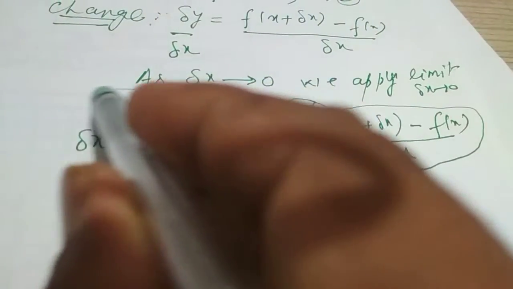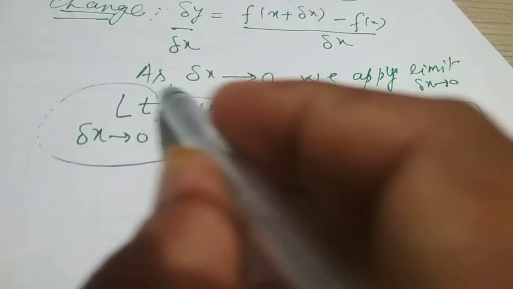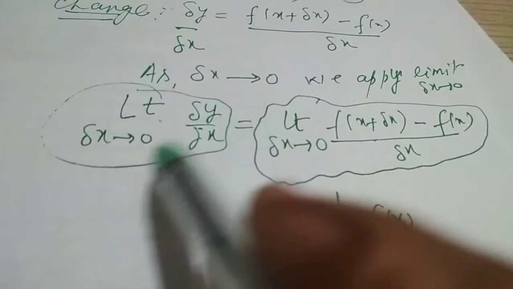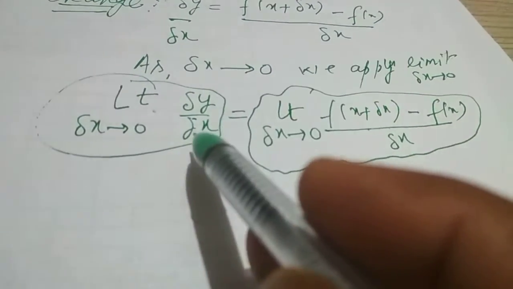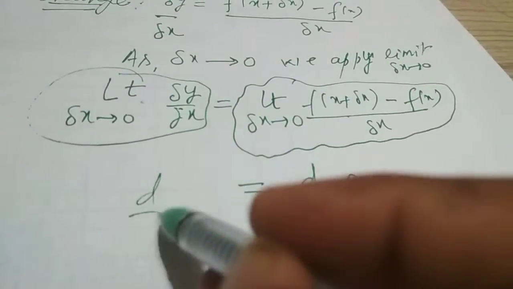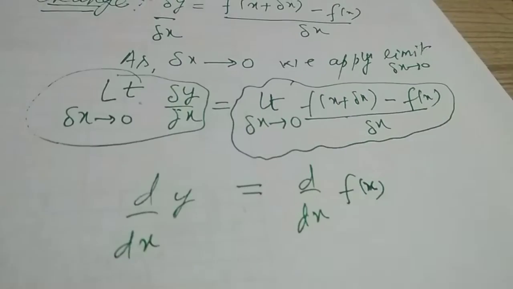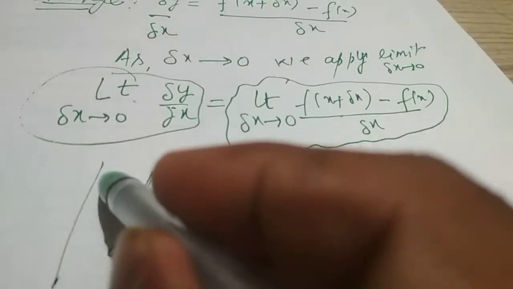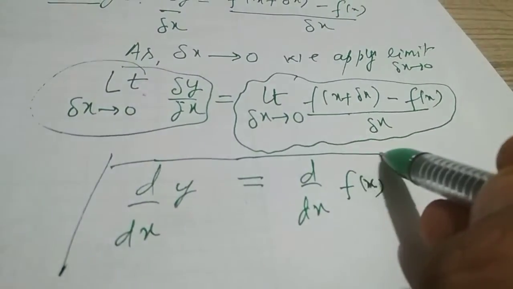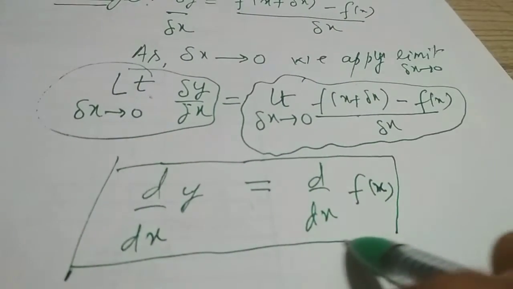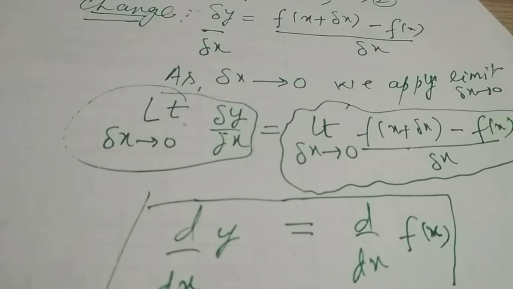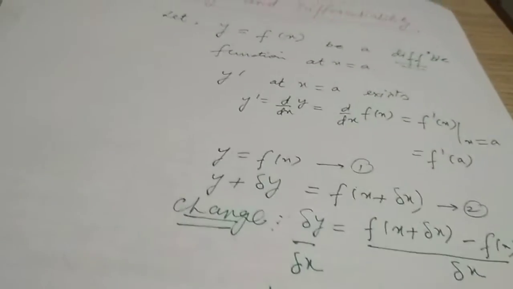And this entire quantity, which is equal to limit delta x tends to 0, change in y upon change in x, is nothing but derivative of y with respect to x. So this is how we have studied finding derivative of different functions in the standard 11th. That is called as first principles of derivatives.